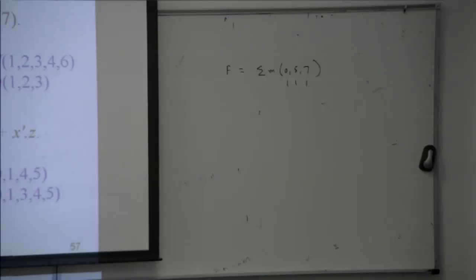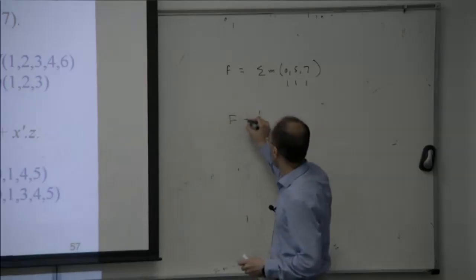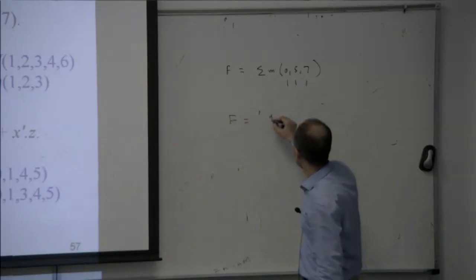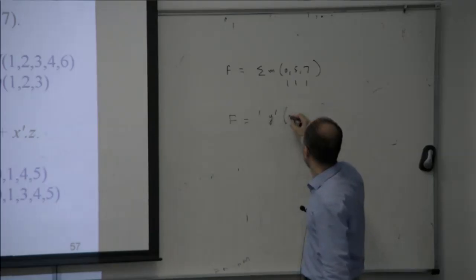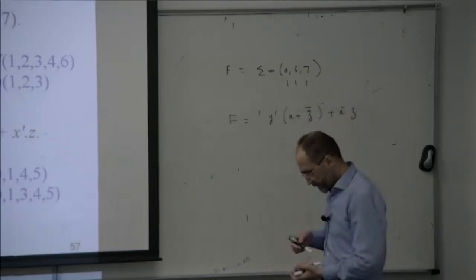You can also use algebraic manipulation. How? Expand. Yes. So now we have f. What is f? y bar x plus z bar plus x bar z. Now we want to expand it.